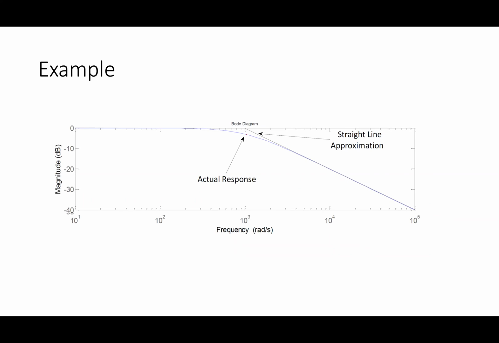And in fact, I can figure out what's the maximum deviation. The maximum deviation here is right at that frequency, right at the pole frequency. I'm going to call it omega p. All right, omega p is 1 over tau p. Right at that frequency that corresponds to the pole, the magnitude at that point, if you plug in everything, you're going to see this guy becomes negative 3 dB.